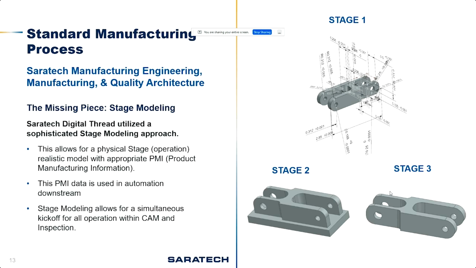Having realistic stage models, using the product manufacturing information the correct way, not only allows for a simultaneous kickoff between all aspects of the part, but it allows us to turn loose the power of the software on the part. So instead of us having to go in as programmers and say, stop at that bottom level there, don't cut any further, we just tell the software to cut volume to volume, and it will stop at that ledge. So we're using the software's intelligence at our disposal.